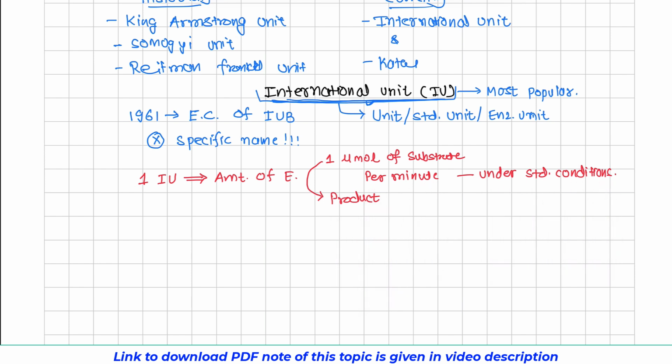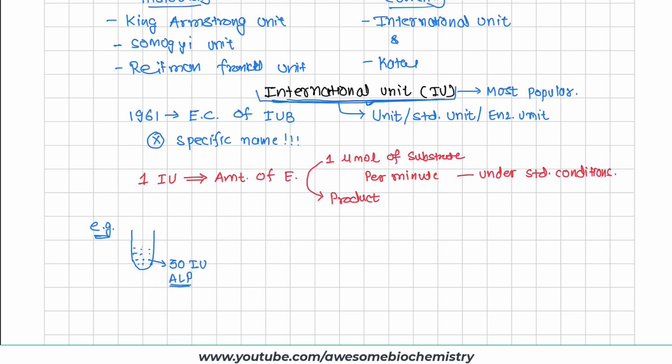To better understand this definition, let me give you an example. If someone says that in this test tube, there are 30 international units of alkaline phosphatase present, that means there is an amount of ALP enzyme present in this test tube which is converting 30 micromoles of substrate to product in 1 minute under standard conditions.